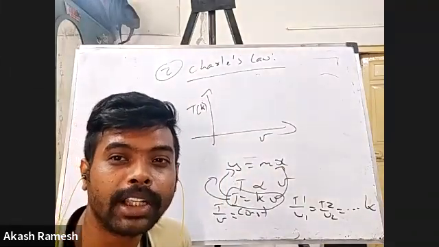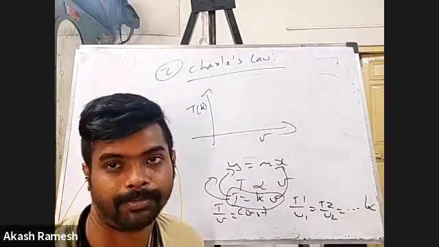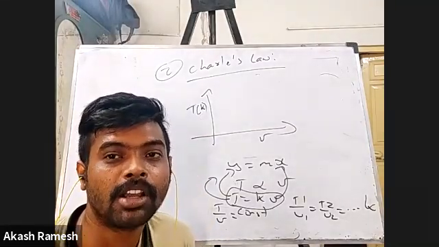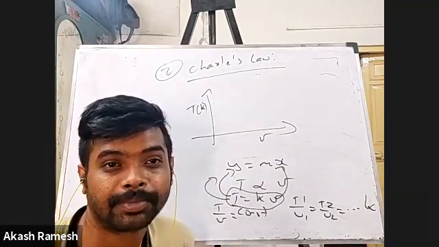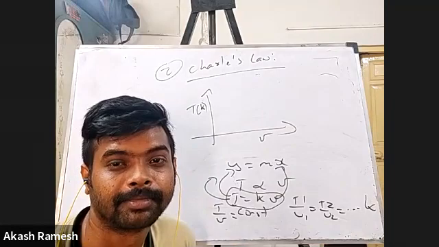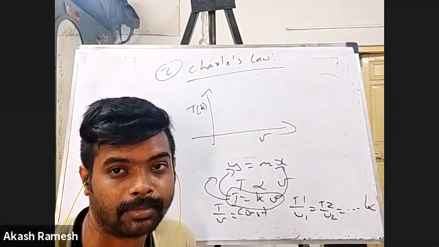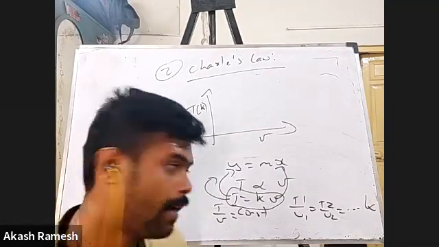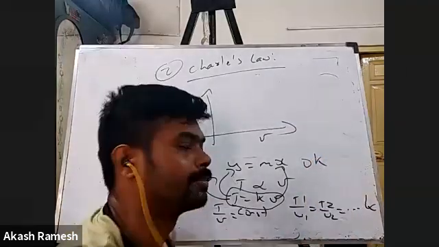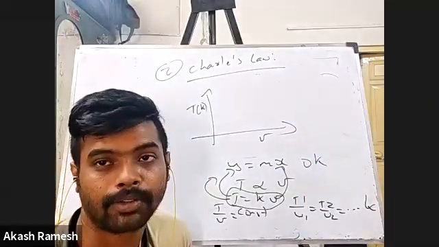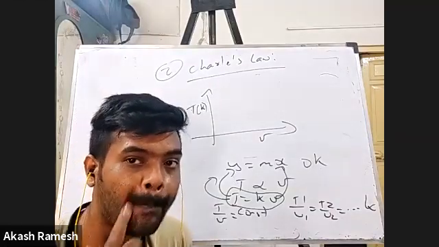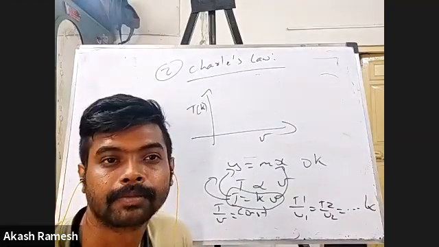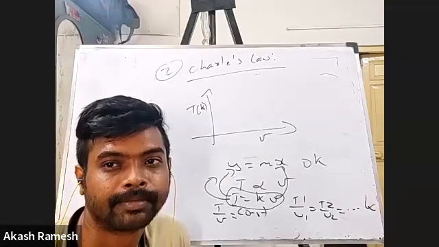Now, if you want to reach 0 Kelvin, how many degrees Celsius is that? You understand my question? I have 0 Kelvin. What is the value of 0 Kelvin in degrees Celsius? Minus. Correct. Minus?